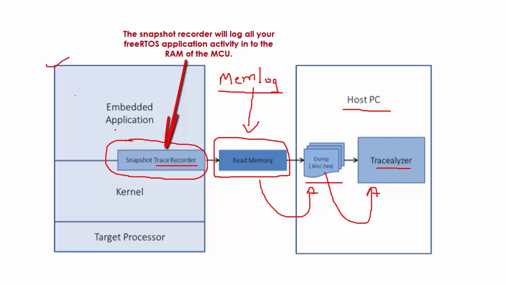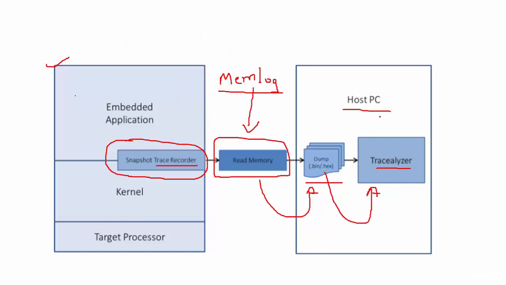We are just dumping that log to a file, then giving that file as an input to the Tracealyzer software to see a graphical representation of these activities happening in your microcontroller. It is that simple. That's how the Tracealyzer works.